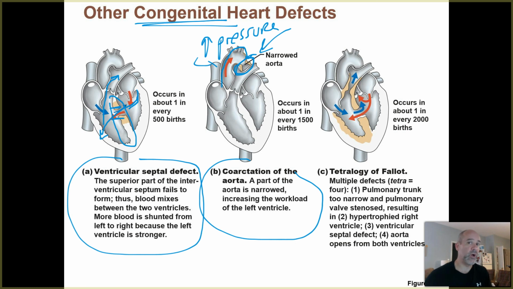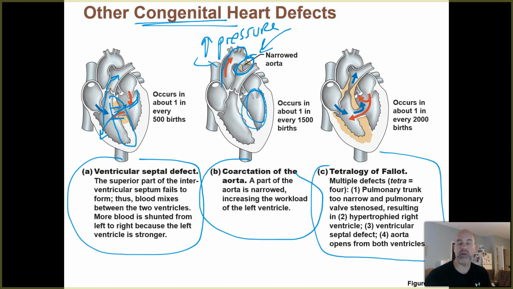So your afterload's going up, and if you guys remember, higher pressure in the aorta reduces your cardiac output. It's reducing your stroke volume, the amount of blood that can get squeezed out of the left ventricle with each heart contraction.